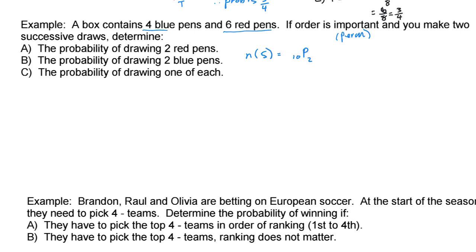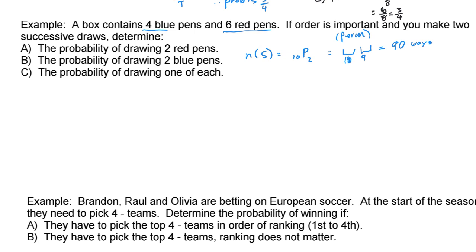Now, you could have also done this using the placeholder method by just basically taking 10 times 9, which gives us a total of 90 ways we can pull out 2 pens.